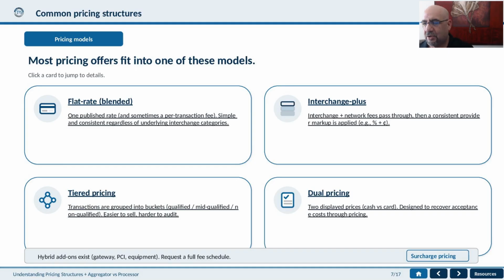If you're doing surcharge right now and have not checked in with your current processor to make sure they've sent in the documentation to verify your ability to accept that, you could get yourself into some, not legal troubles, but some fines from the issuing card networks, Visa, MasterCard, Amex, and Discover.